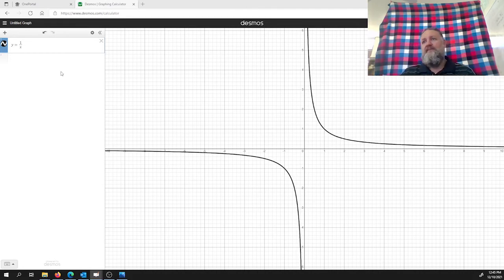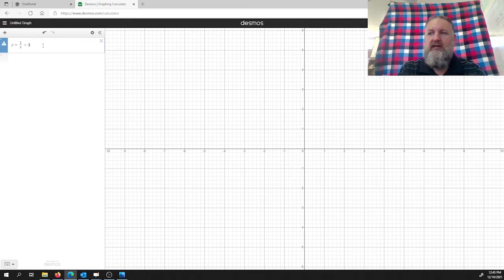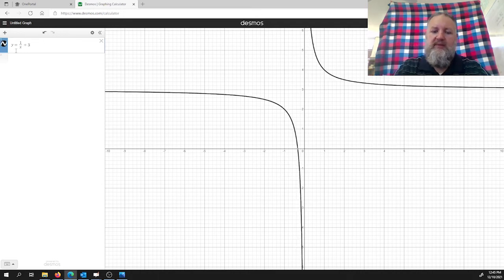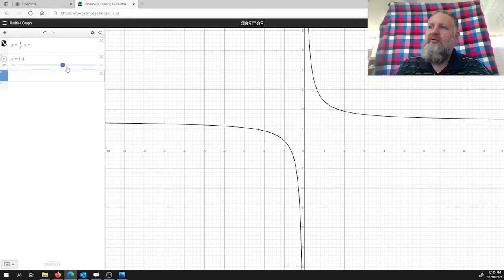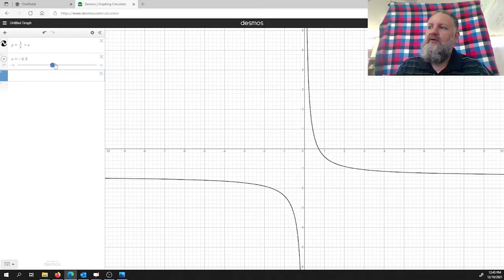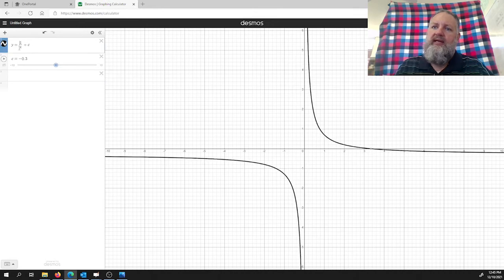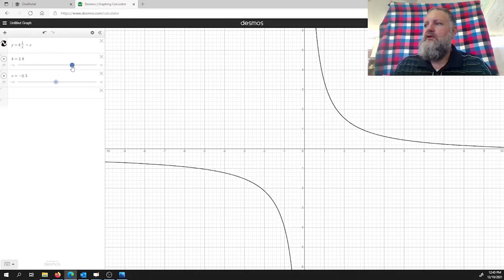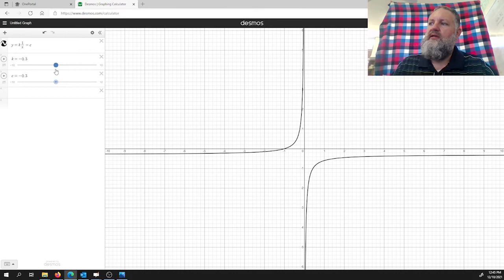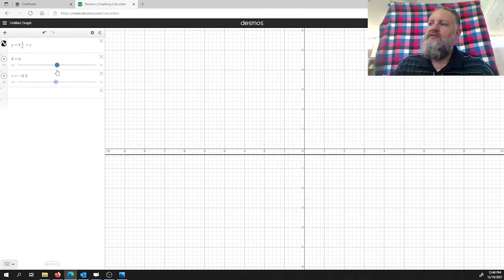Again, these can be moved around. If I made this just my c value, I could shift this hyperbola up and down, move it around. If I put a coefficient at the front here, you can see we can change the way the hyperbola works, and in fact it almost looks like it touches.